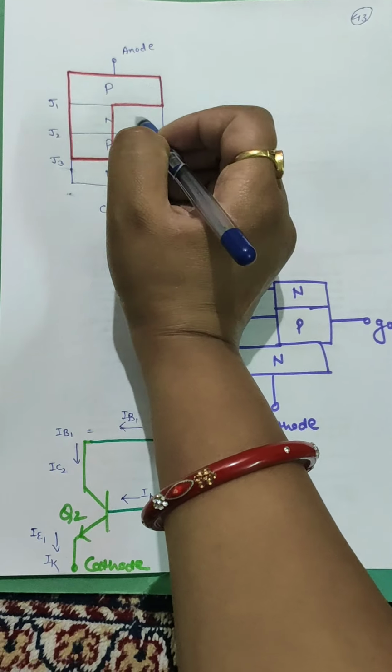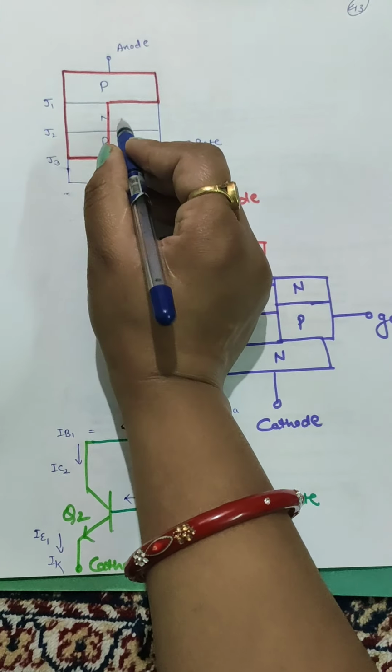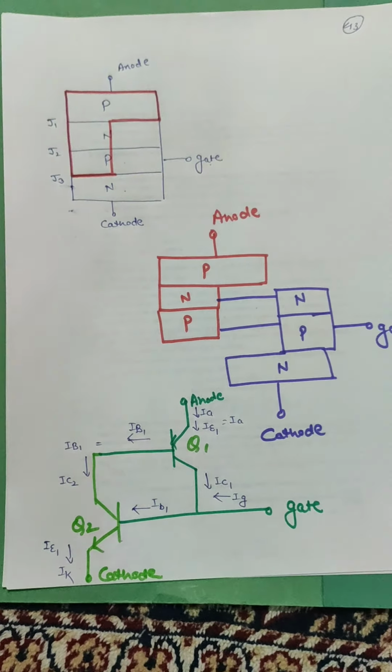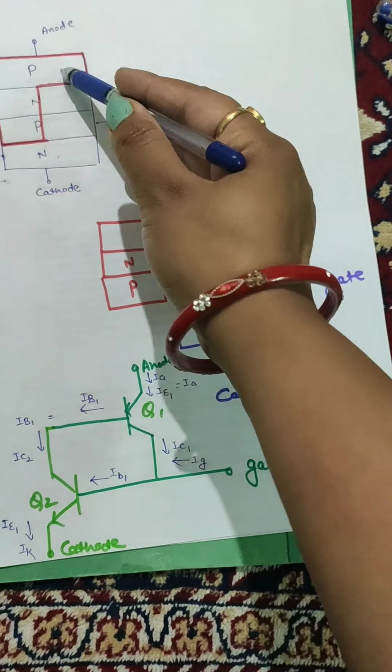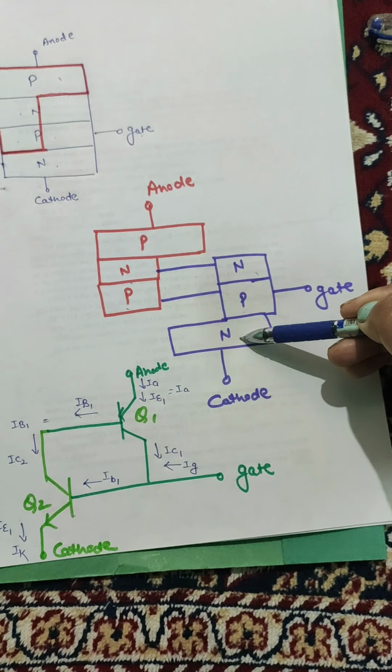If we divide it into two sections, PNP and NPN, it divides into two transistors.